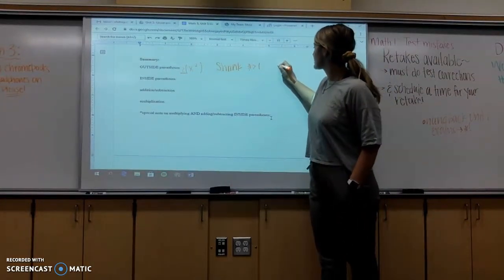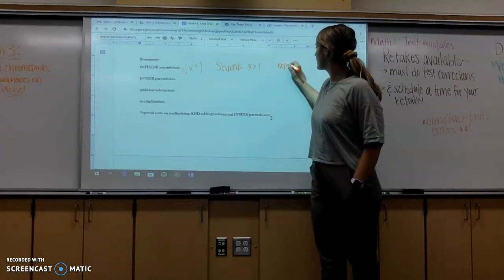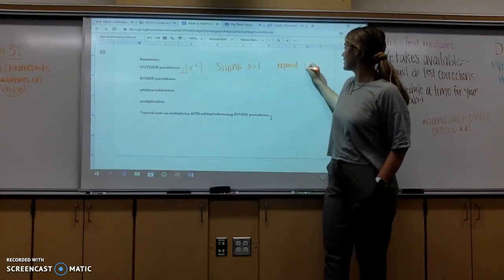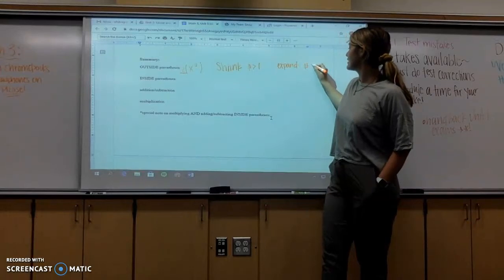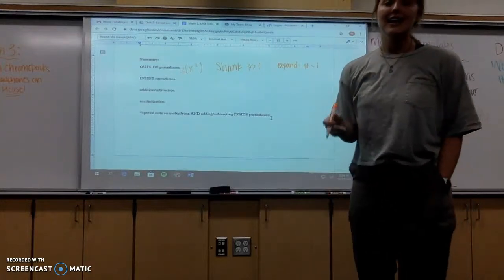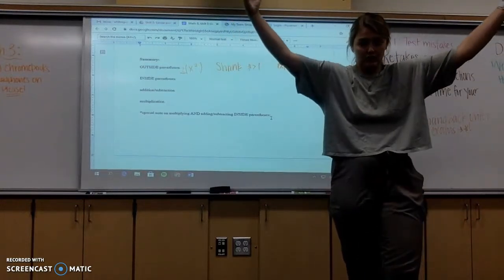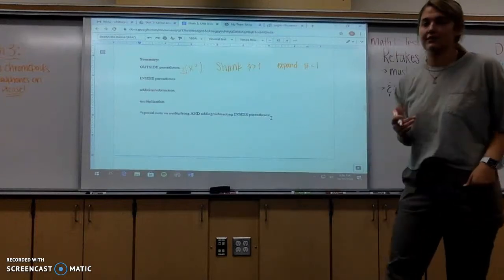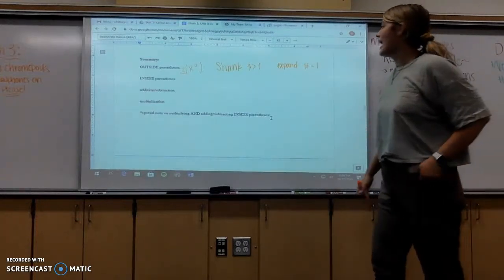I know it's going to expand or grow when my number is less than 1. So anytime you have a fraction, so say that's a 1/2 out front, it's going to be getting wider. Okay? It takes a lot longer for it to grow out.